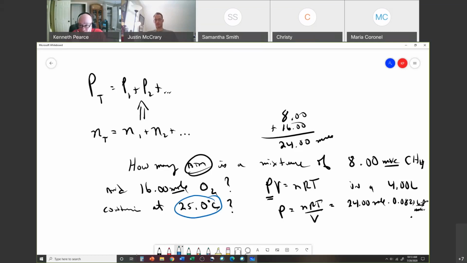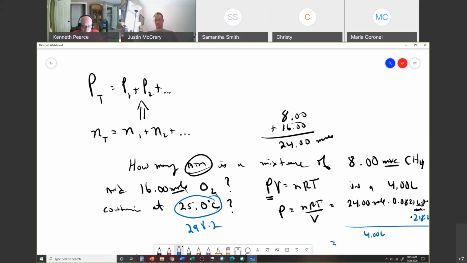If we use degrees Celsius, it will be one of the answers. It'll be wrong, but it'll be one of the answers. And so that's what, 298.2? And so times 298.2, and then divide the whole thing by the volume, which was what, 4.00 liters? And there it is.